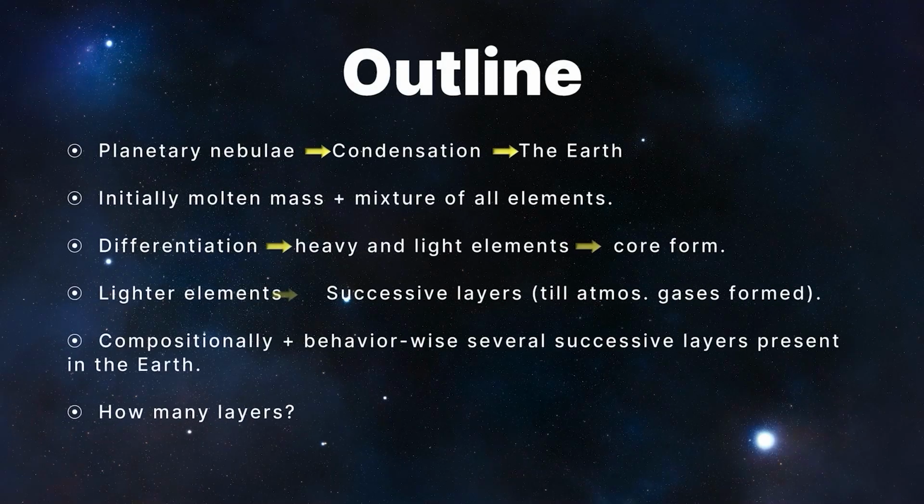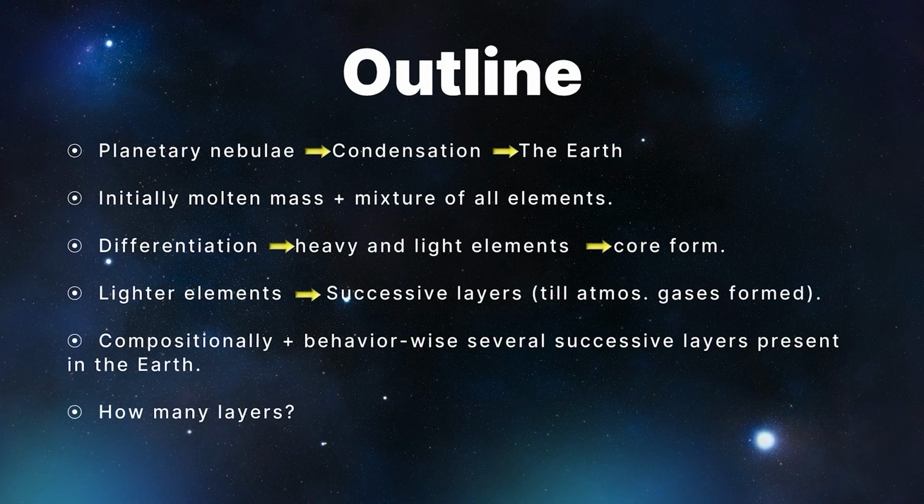As you understand very well, the earth, what you see today, is not in its original form. Earlier the earth was in the form of a nebula, a planetary nebula, and this nebula underwent a condensation process. As a result, the earth was formed.